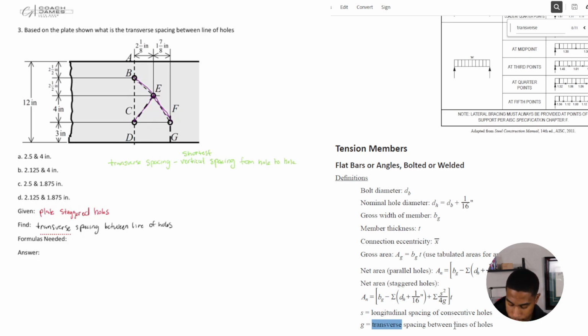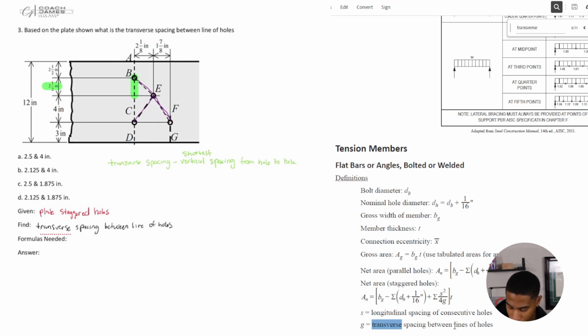What I mean by that is, what would be the vertical distance from hole to hole? We have a hole at B and a hole at E. What is the vertical distance between the two? I'm going to highlight it so it's there. That is my 2.5 inches.